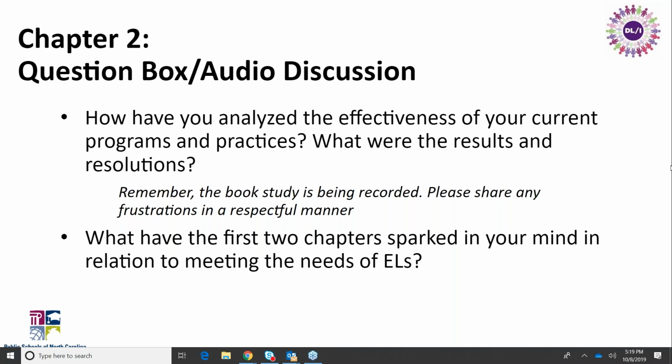Even if your EL subgroup isn't large enough to be counted alone, very often these students are low income, maybe Hispanic, maybe EC. So in many cases, an EL student counts in numerous subgroups, which is even more reason to take the time to train our staff to meet the needs of these students.